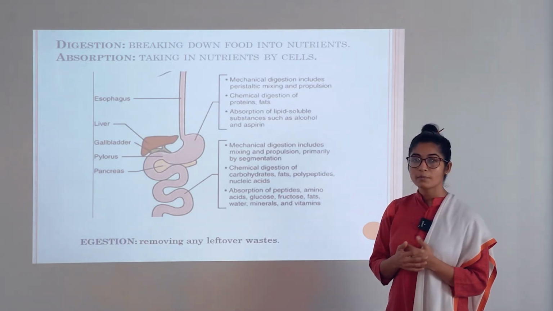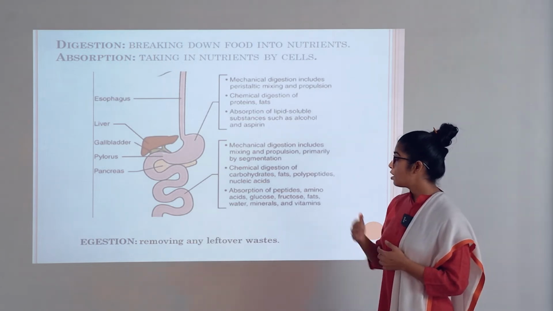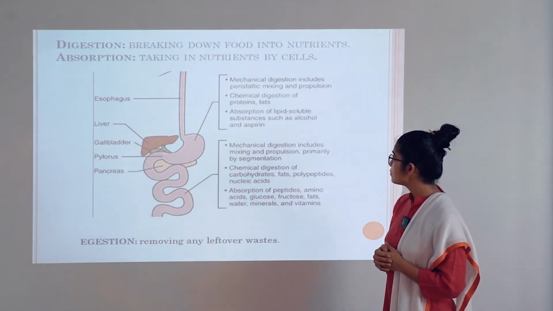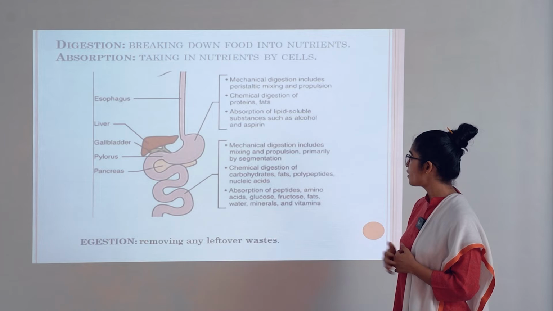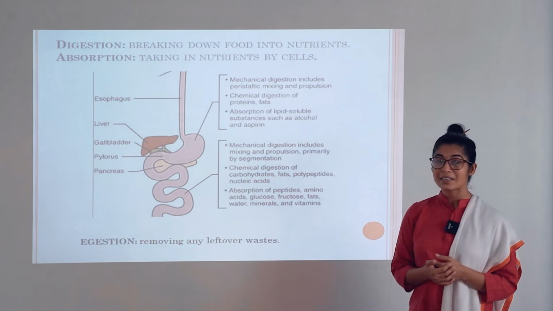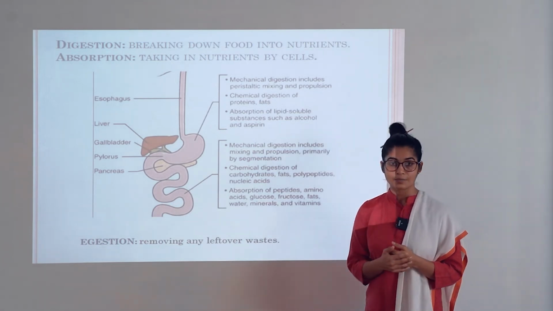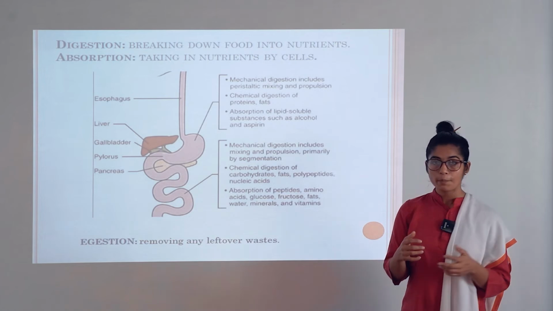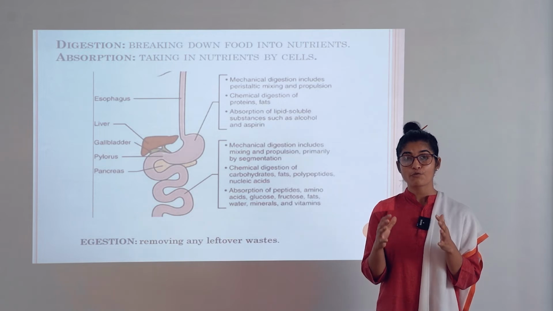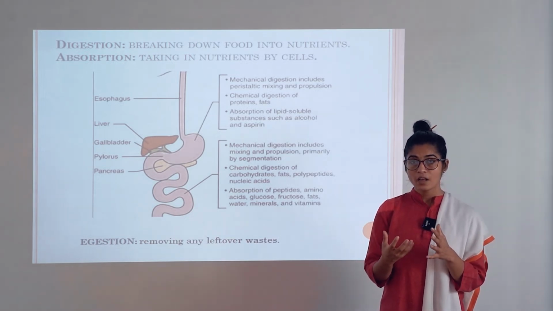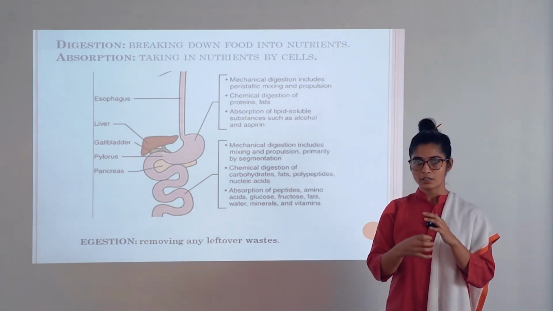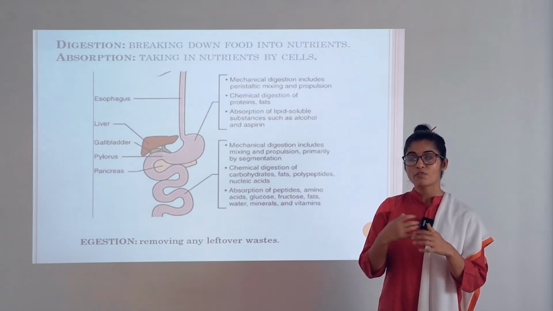Now the main function of digestion happens here in the stomach. What happens in the stomach? Mechanical digestion includes peristaltic mixing and propulsion. As we already know, the stomach has a specific structure inside called folds, and the main function of these folds is to churn the food more finely.